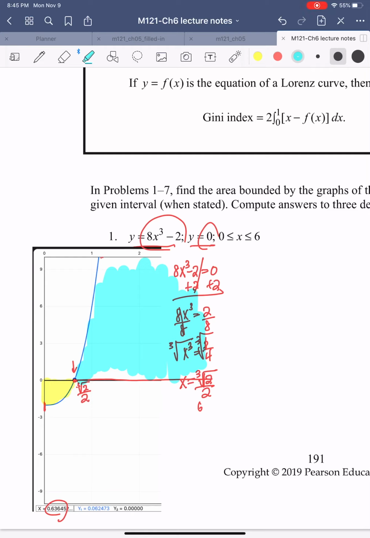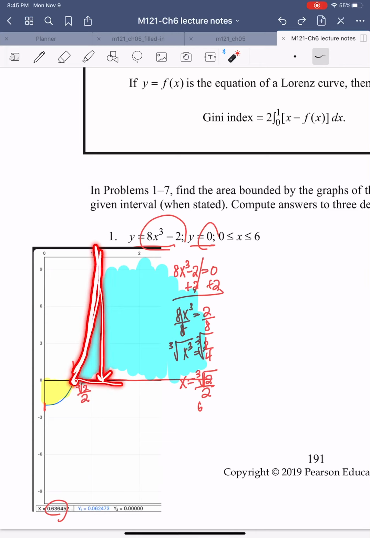Remember, we want top and bottom. The top function is this one over here, y equals 0, minus the bottom function, which is our 8x cubed minus 2. Now, as soon as you hit this point, it switches. My top curve is your green curve, and the bottom one is black. So we have two regions.